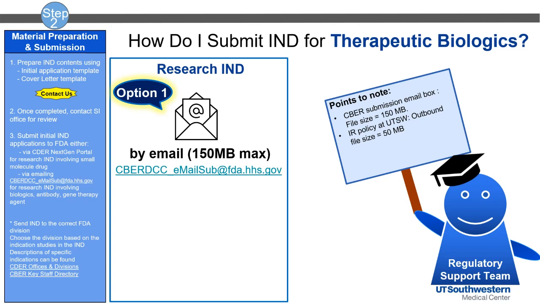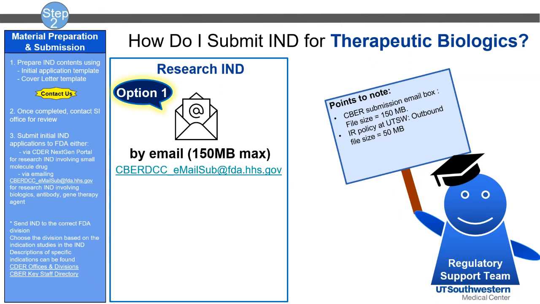The submission path is through email directed to an FDA receiving hub for the submissions, which is the CBER Document Control Center. Some important points to remember is that CBER has email file size limit of 150 megabytes. So if you have a large IND application documents, you want to break down the submission into multiple emails.